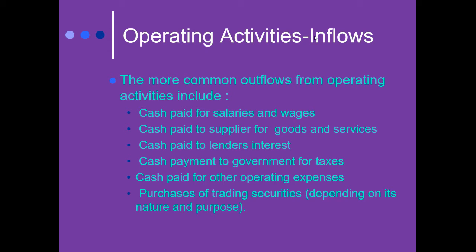Okay, other payments would also include payments of taxes to the government, and miscellaneous or other operating expenses that are paid by cash. Okay, and depending on its nature and purpose, the purchase of trading securities could also be included under operating activity. So the last one will depend on the nature and purpose.